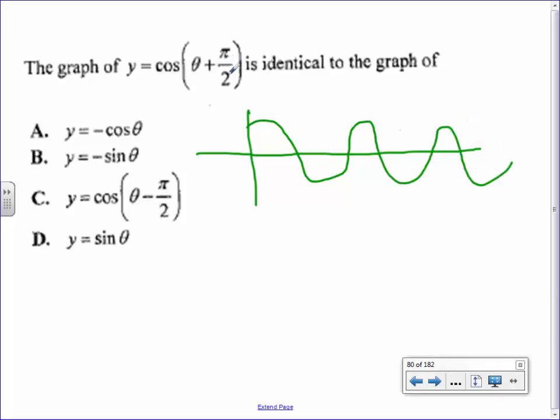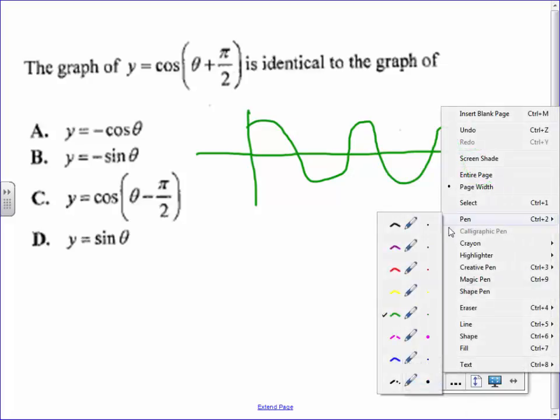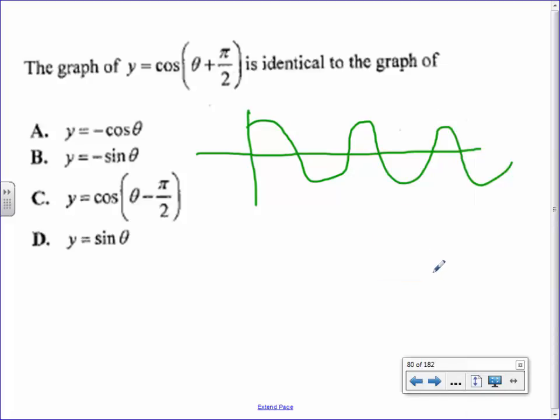What would this plus pi over 2 do to the graph, though? Moves it left a little bit. It moves it left by pi over 2, which basically means that this point right here starts here. This point goes over to there. This point comes to here. Basically, it shifts it back a little bit. See how I've slid this thing back a little ways?